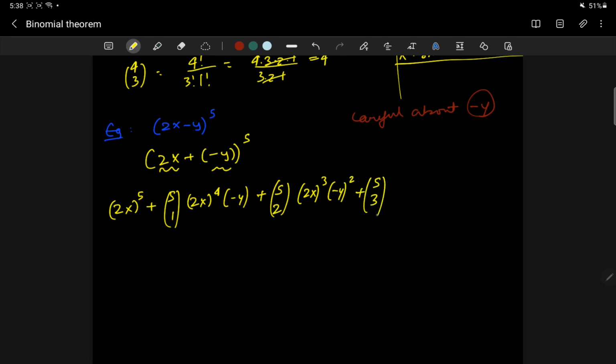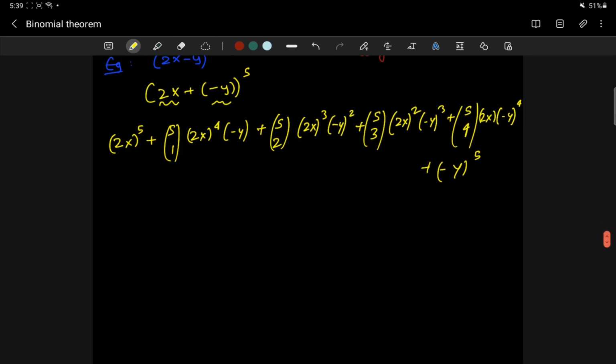Then 5c3, 2x squared negative y cubed. 5c4, 2x negative y to the 4. And lastly 5c5, which is 1, and then negative y to the 5. Okay, so it's a little more involved, this particular case.